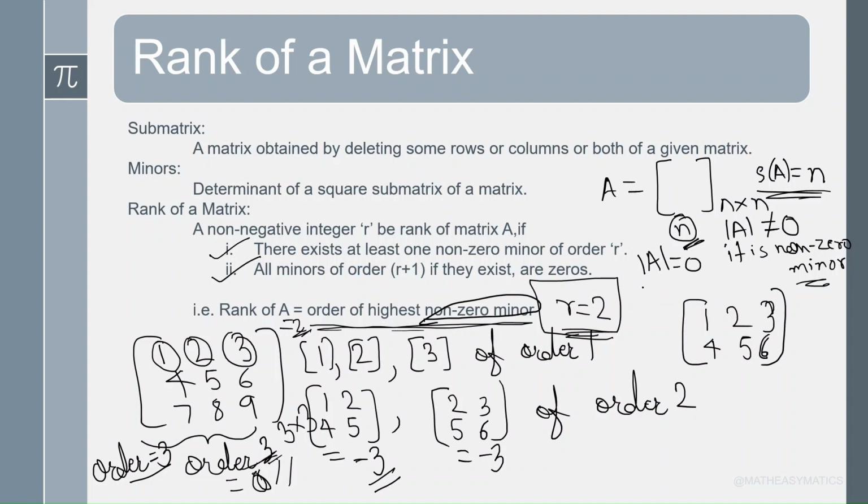Mod A means minor of order n is 0. Minor of order n equal to 0 means rank will always be less than n, when mod A, meaning det of A, is equal to 0.